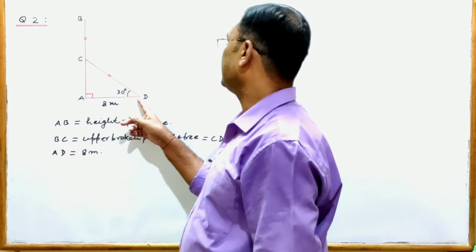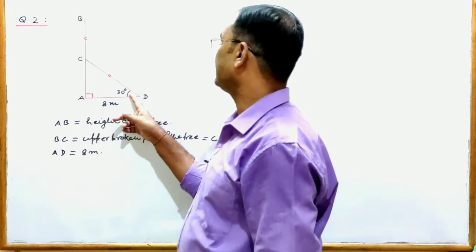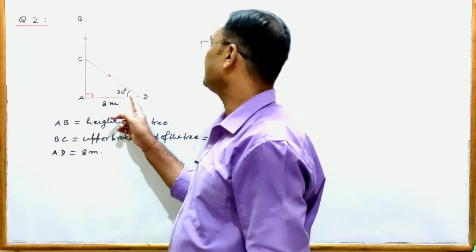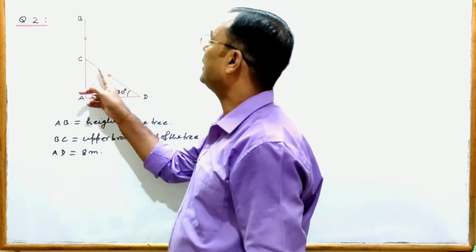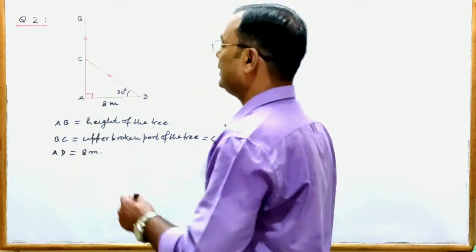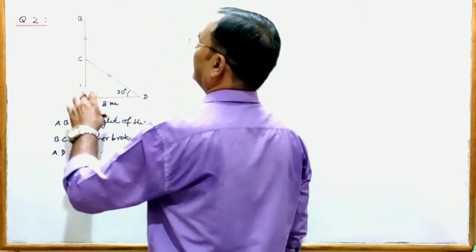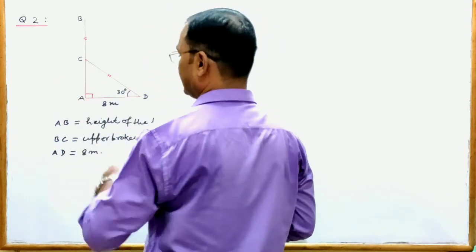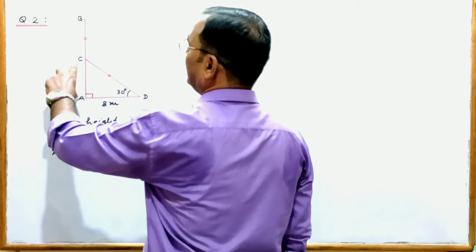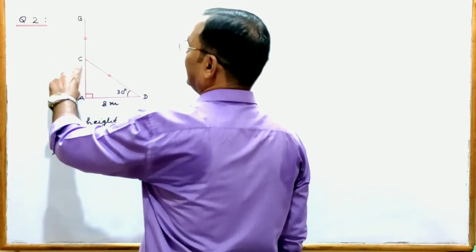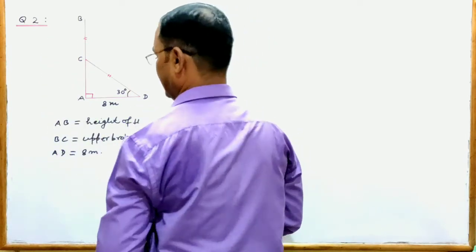From this point D, this angle CDA is the angle of elevation of point C, and this triangle CAD is a right triangle. The height of this tree AB can be written as AC plus BC.